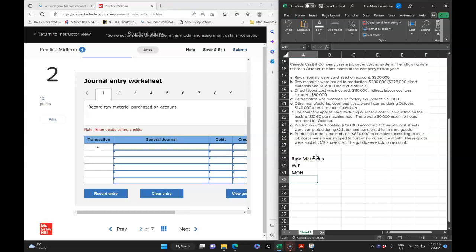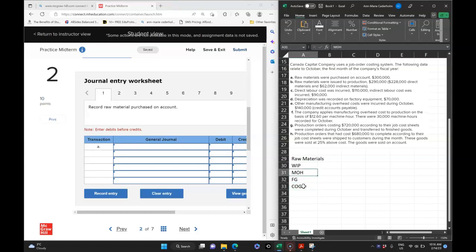Then we also have our finished goods account. So when we're done making the product, so that's direct materials, direct labor, and applied manufacturing overhead go into WIP until it's finished. Then it goes into finished goods. And then once it's done and it's sold, it goes to cost of goods sold.